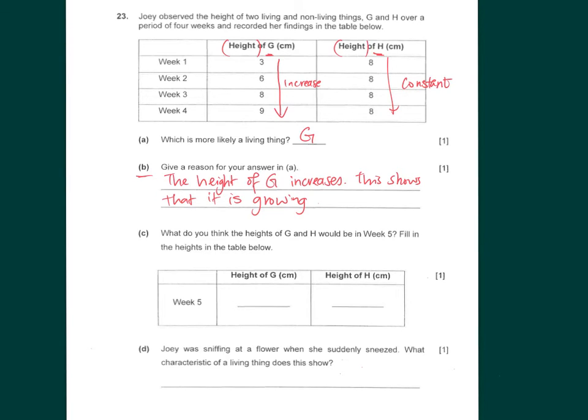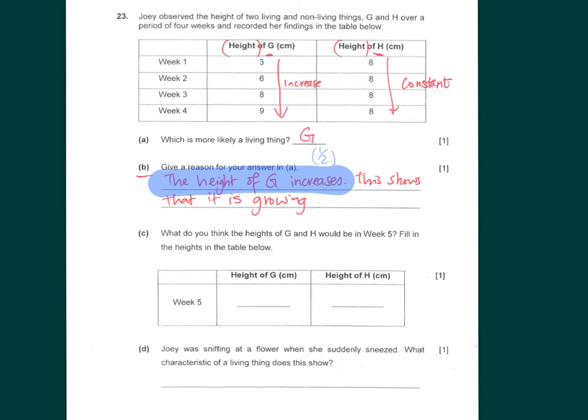First thing first, if I break down my answer for you, you should see that I have 2 parts in here. The first, I use the information in the diagram to help me answer the question. So the height increases, and for that, I will award you half a mark.